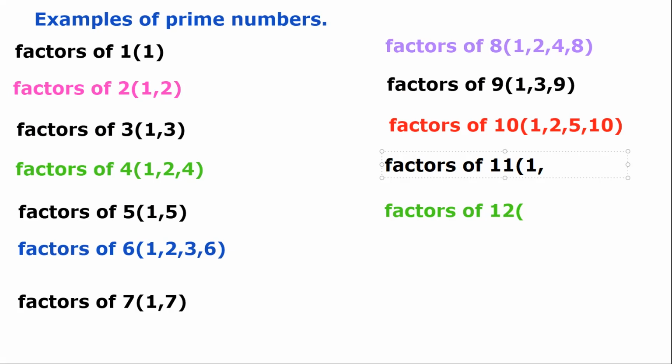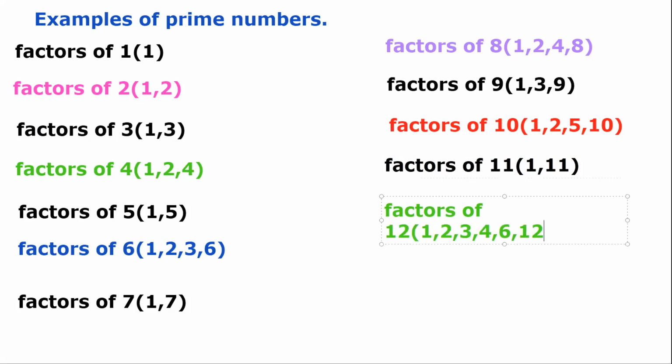The rest cannot, unless 11 itself, which can also divide itself here. Okay. Factors of 12. 1 can divide 12, 2, 3, 4, 6, and then 12 is okay. Good.